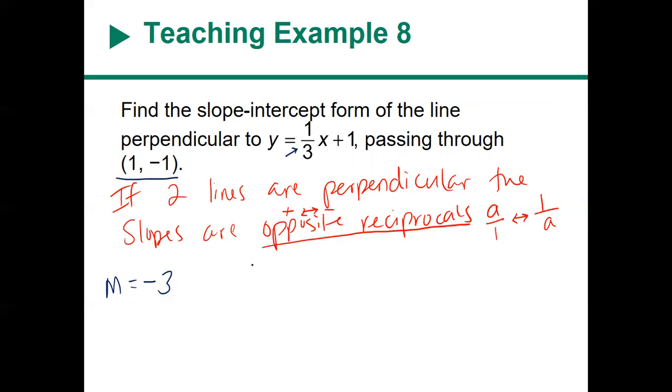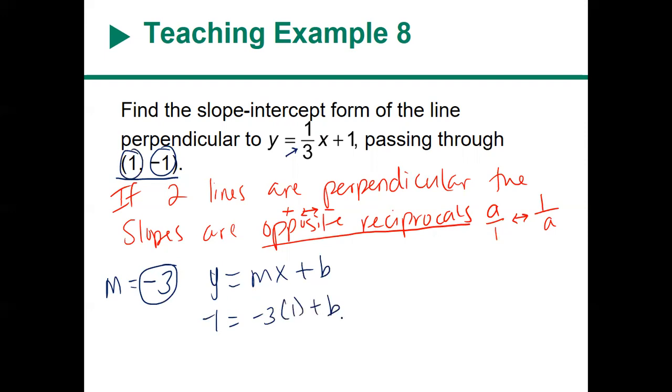Okay, this time I'm going to model it using slope intercept to begin with. So y equals mx plus b. My y is -1. My m is -3. My x is 1. And I need to solve for my b.